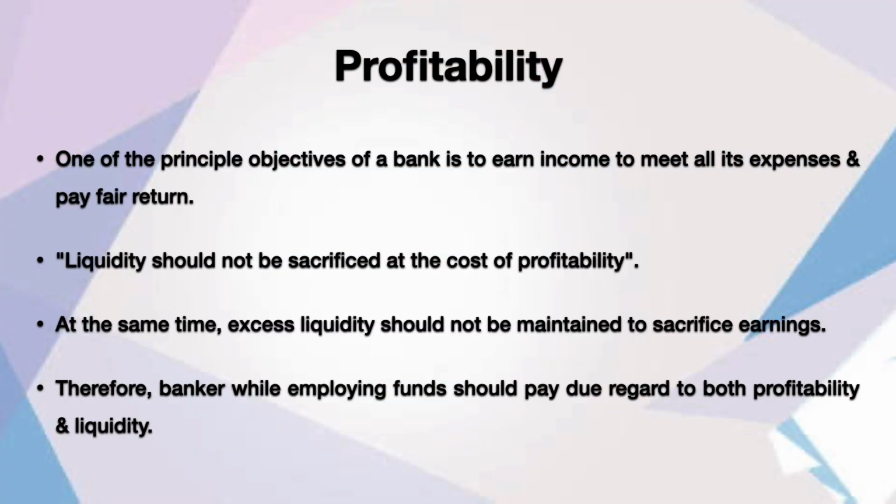Is that clear? The last point is profitability. Now, at the beginning I told you commercial banks aim at what? Making profits. So one of the principal objectives of a bank is to earn what? Income to meet all its expenses and also pay a fair return. Liquidity should not be sacrificed at the cost of profitability. Notice that word, liquidity should not be sacrificed.